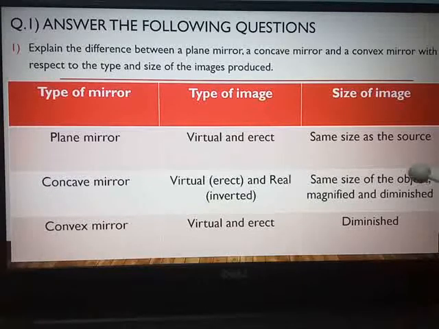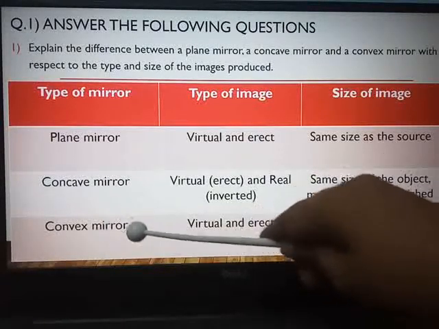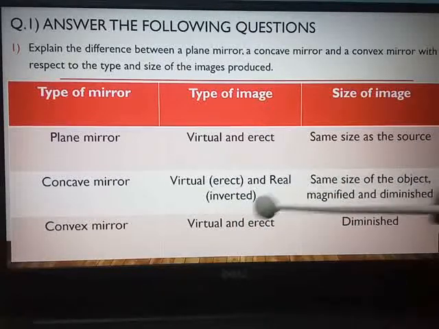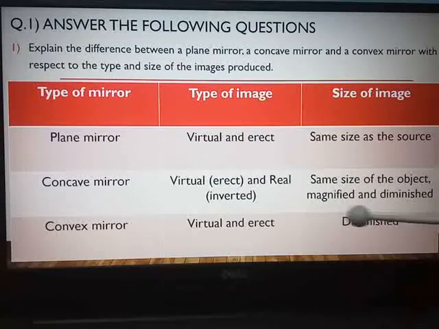In the case of convex mirror, the type of image is same as that of plane mirror, virtual and erect, and size of the image is diminished.